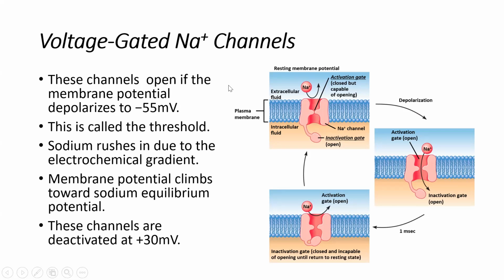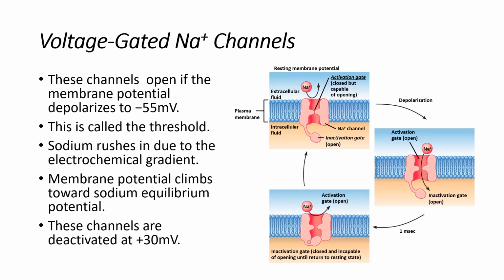And so what happens is that sodium rushes in due to its gradient. Remember, it has a really strong inward force because of a strong combined ECDF, right? It has an inward chemical driving force, inward electrical driving force. And so it's got a really strong inward ECDF. And then it's going to create the membrane potential change, which allows that to climb really high as it tries to approach the equilibrium potential for sodium.